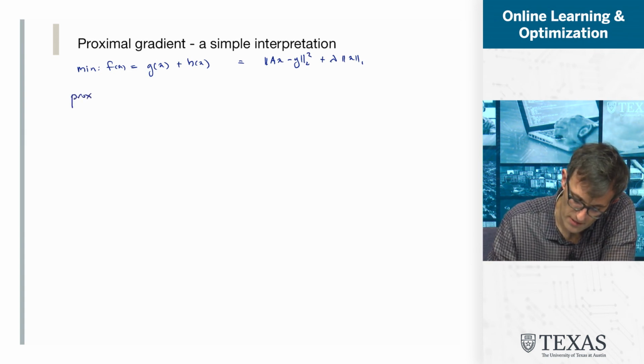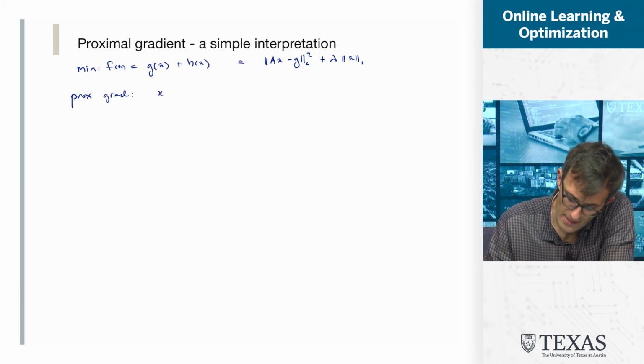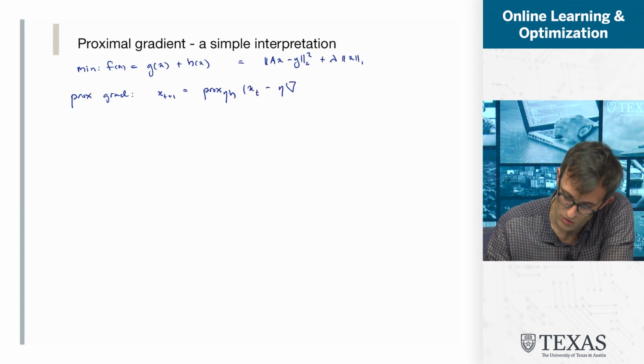Proximal gradient tells me then that x_{t+1} equals prox of eta times h, evaluated at x_t minus eta gradient g of x_t.